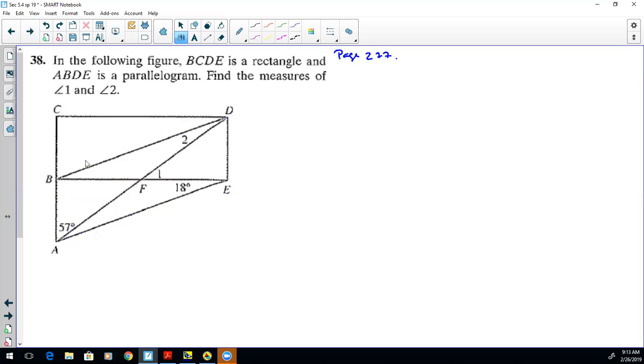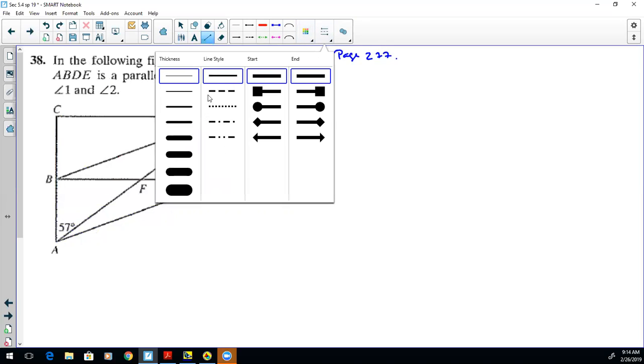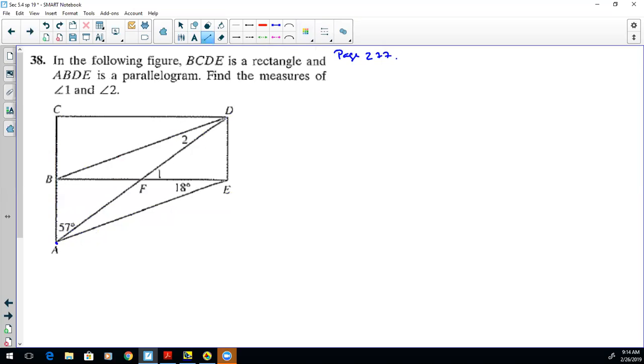So let's see, ACD. First let's look at this triangle. Oops, I need thicker lines here. That's too thick a line. Let's look at this triangle, A to C to D. That's a right triangle, because BCDE is a rectangle.